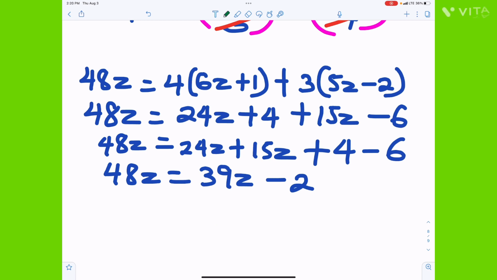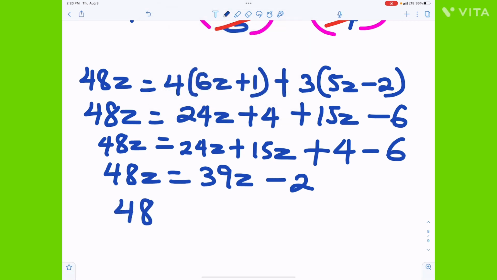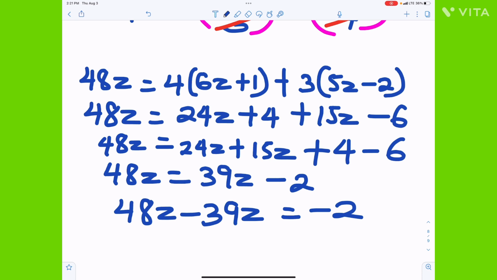So 4 minus 6 here is minus 2. That gives me 48z. I can collect like terms now. Bring minus 2 to the left. It will change to plus 2. Oh no, I'm supposed to collect like terms and bring 39z to the left. So this is 48z minus 39z is equal to minus 2. 48 minus 39 is what?